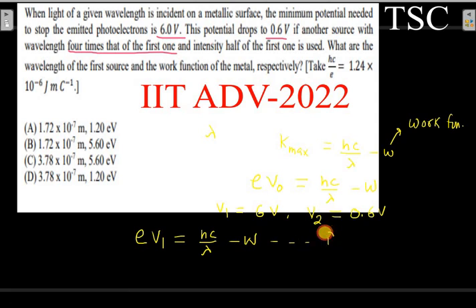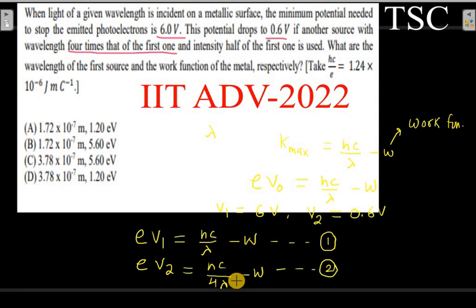This is equation first. And when we use the wavelength of 4 times of this wavelength, the second equation can be written as eV2 will be equal to hc upon 4 lambda minus W. This is the equation second.